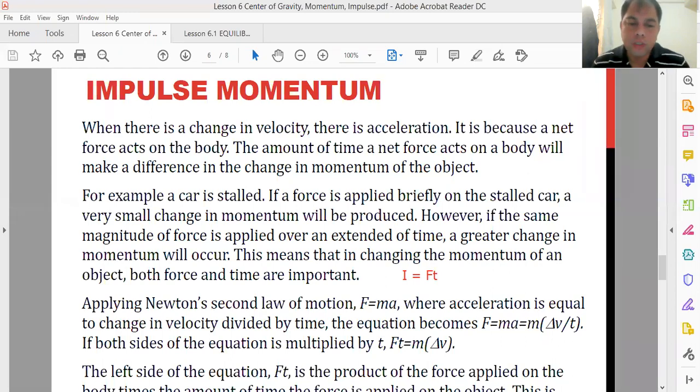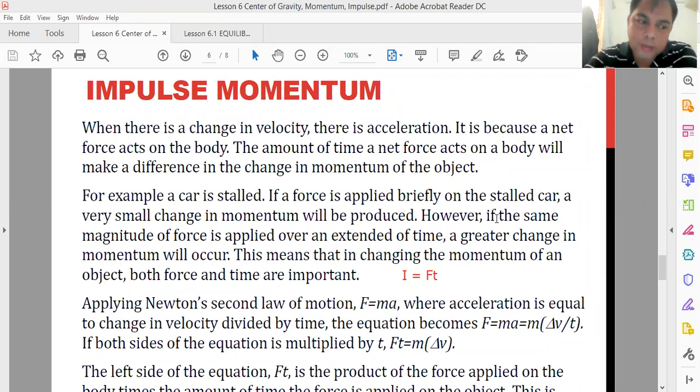If the force is so big because of its huge momentum initially, then the damage will be so large. The force there is in several thousands of Newton, and the time is just a very small fraction of a second.